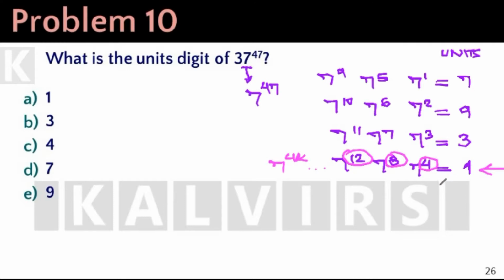Now, the multiple of 4 closest to 47 is 48. So 7 to the power of 48 has a units digit of 1. That means that 7 to the power of 47 has a units digit of 3. And that is the answer.